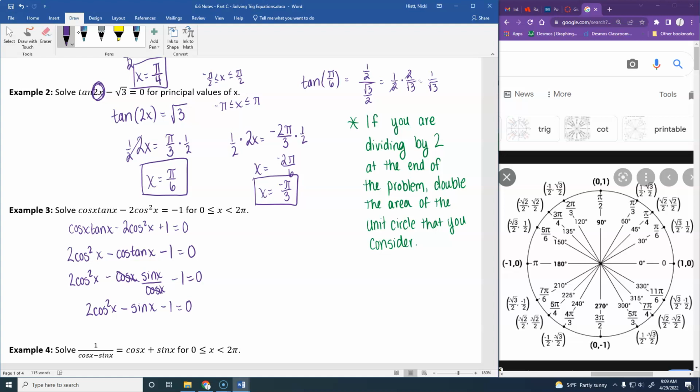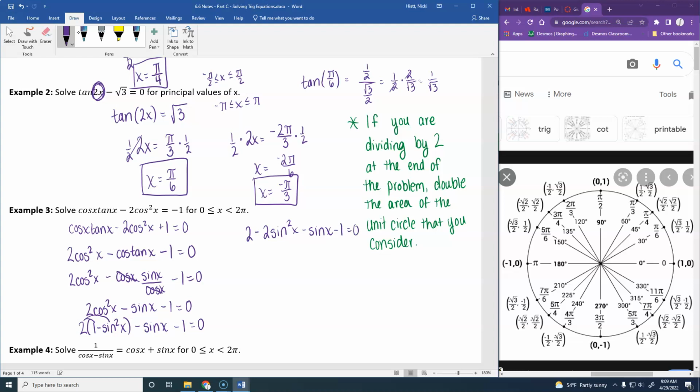Okay, I can change cosines into sines, right? So that cosine squared right there, I can change into 1 minus sine squared x. And then if I distribute that 2, I'll have 2 minus 2 sine squared x minus sine x minus 1.